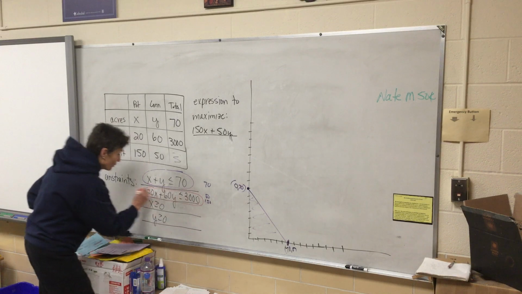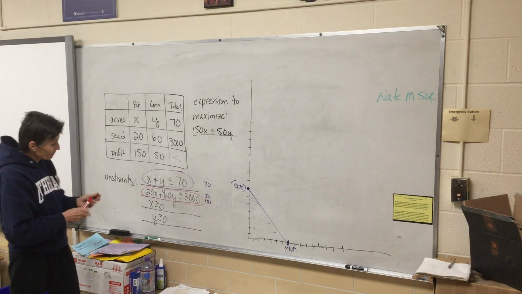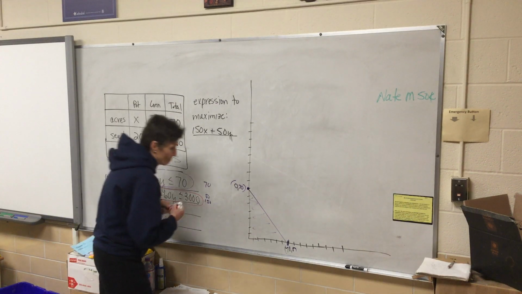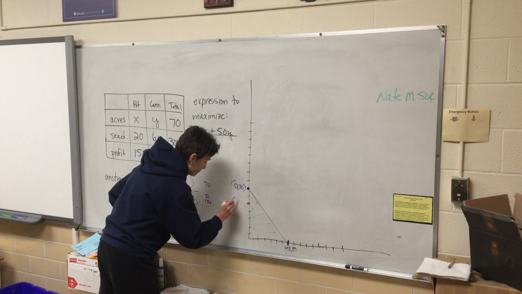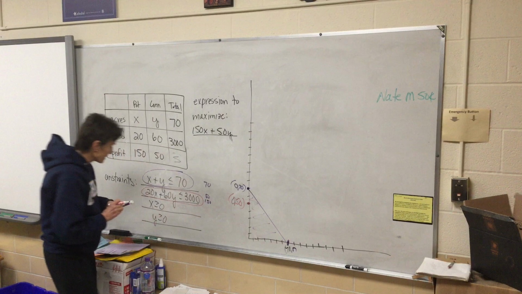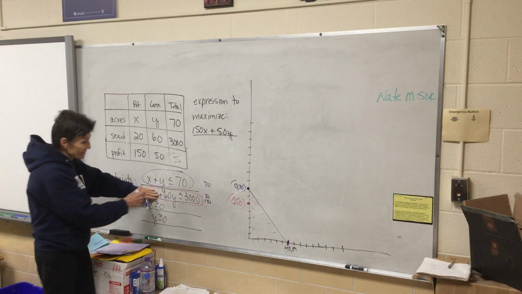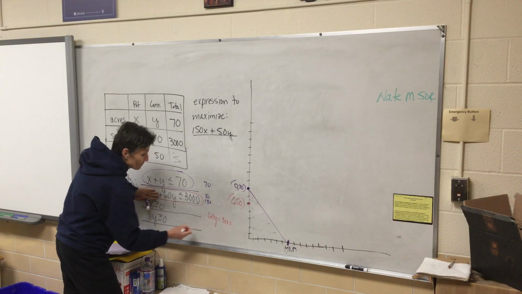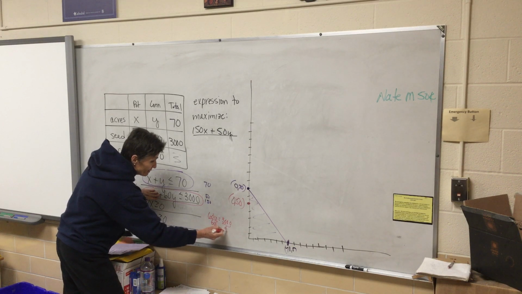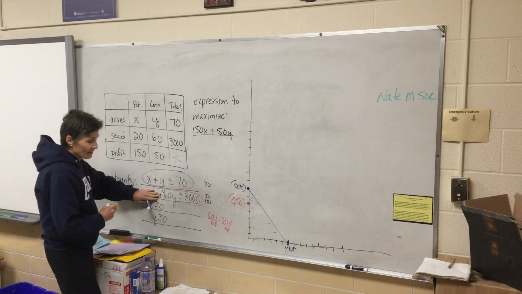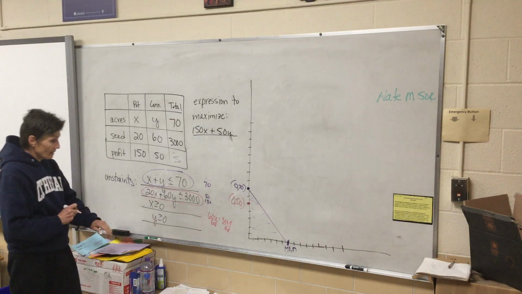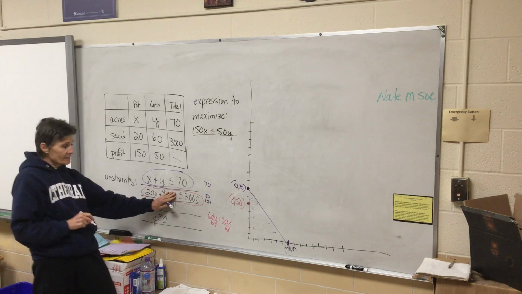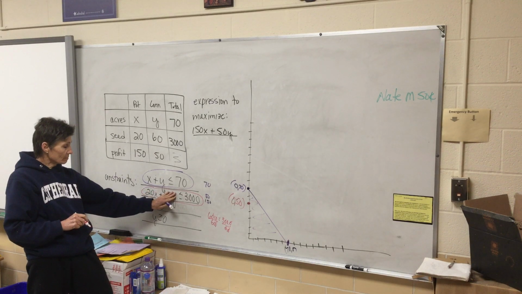Now with my red marker, if I cover up x, y is 50. Because if I cover up x, it says 60y equals 3,000. And if I divide by 60, that gives me 50. And then if I cover up y, it says 20x equals 3,000.